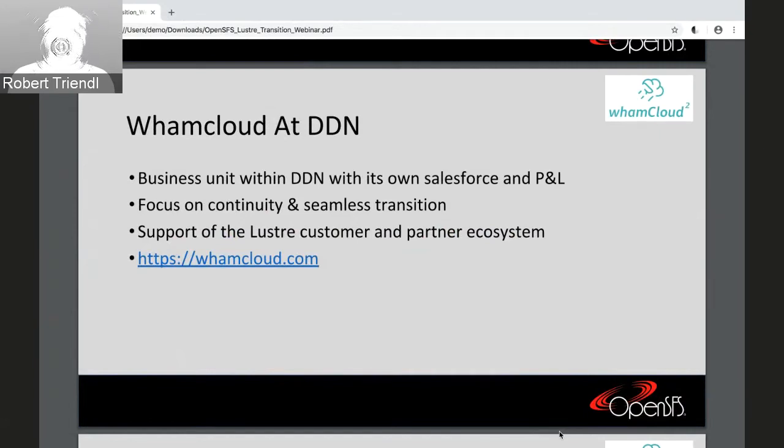The Lustre team is a fairly international team with developers in many countries like Russia, China, etc. So for now, we have kept the team within the DDN corporate umbrella. But as I said, it is essentially a separate team that has its own mind, its own decision-making capability.